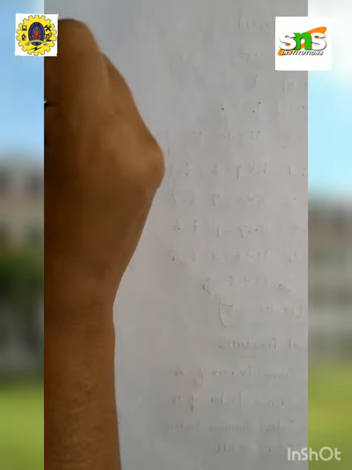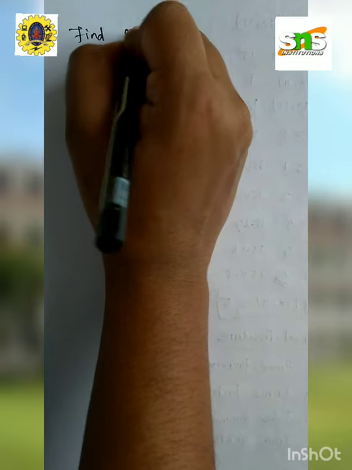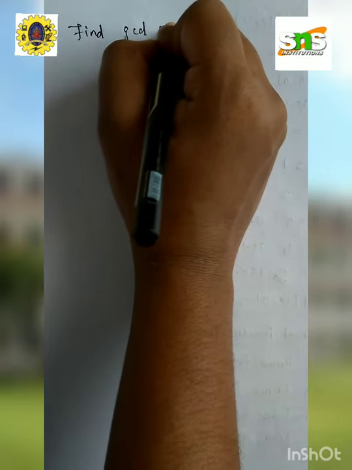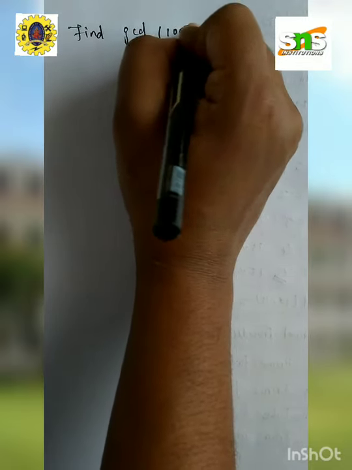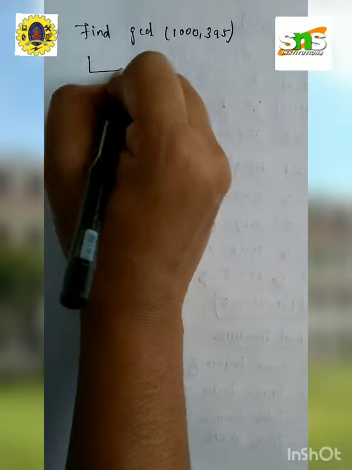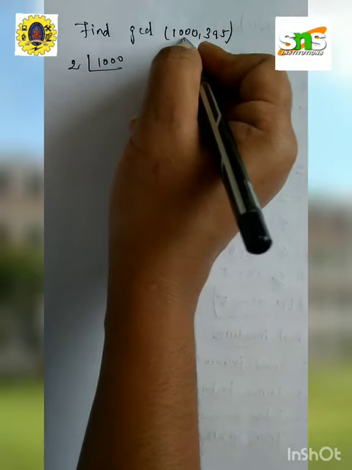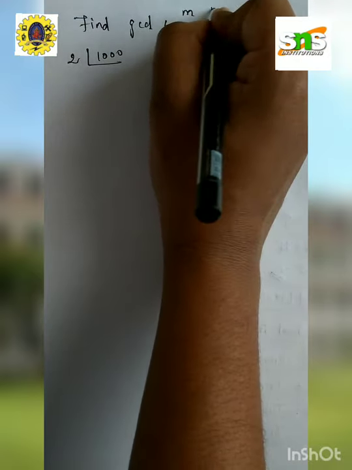The first example: find the GCD of 1000, 395. Take each number separately to find its prime factors. This is m, this is n.